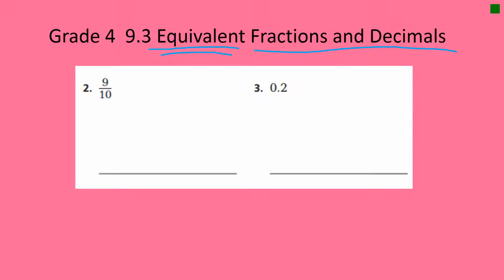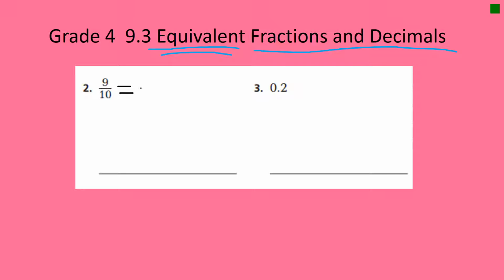Alrighty, so the directions for number 2 and number 3 say, write the number as hundredths in fraction form and decimal form. So you have to write 9/10 in fraction form and decimal form, but in hundredths.